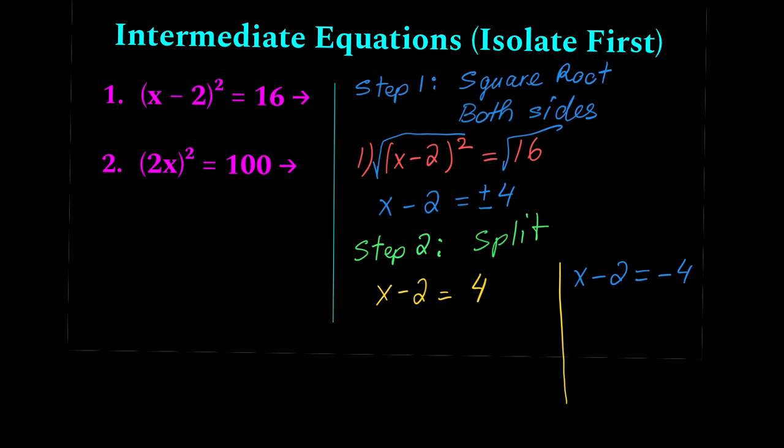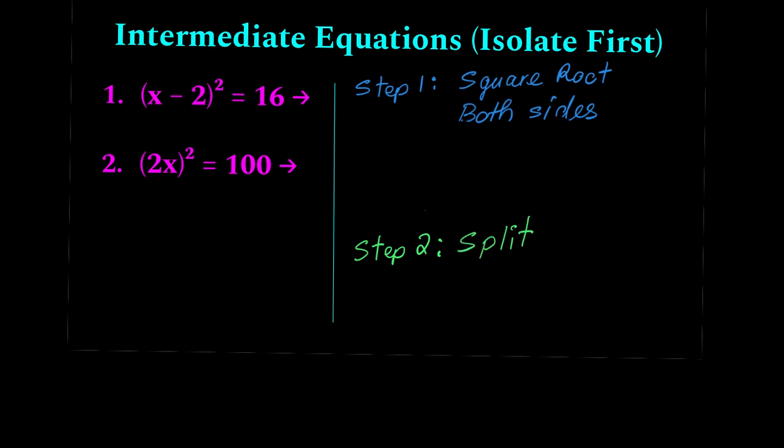And now we solve. So add 2 to both sides, and here we have x equals 6. Now add 2 to both sides, and here we have x equals negative 2.